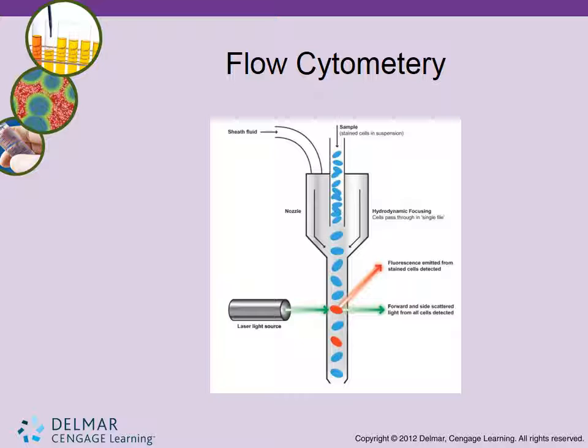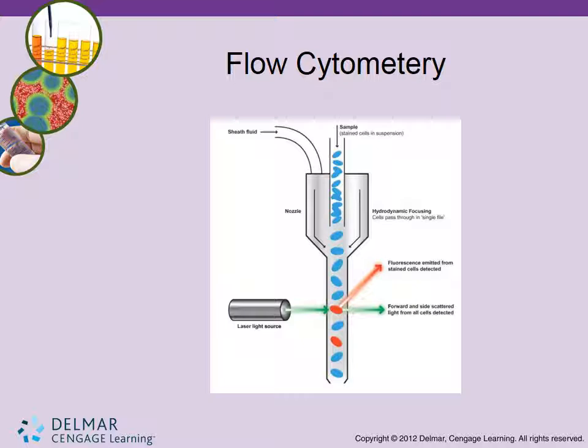The outer column of the fluid controls the diameter of the sample column so that it can narrow and isolate single types of particles or cells. Single particles or cells are going to pass through a laser beam.